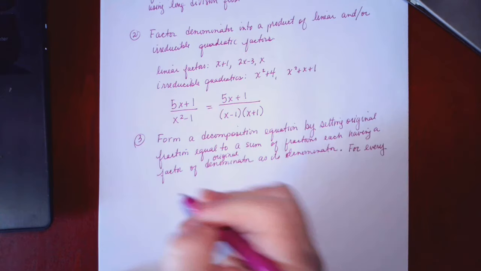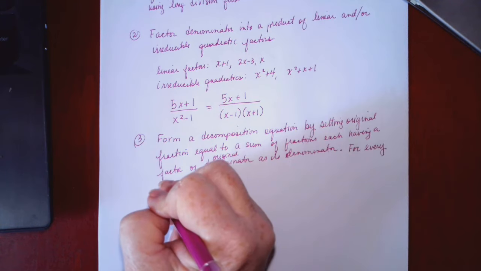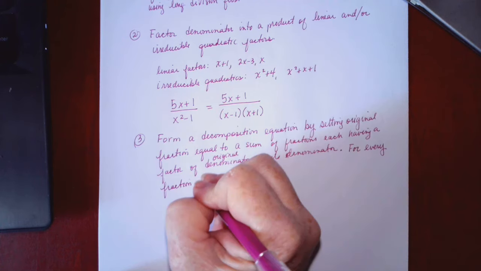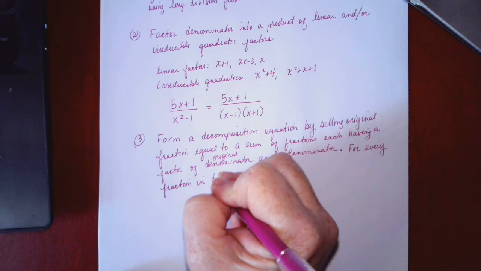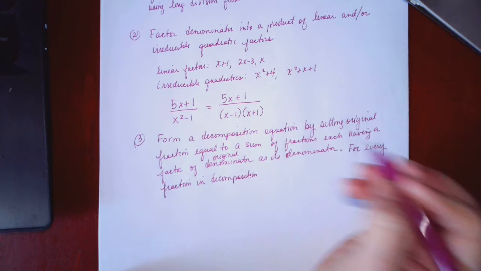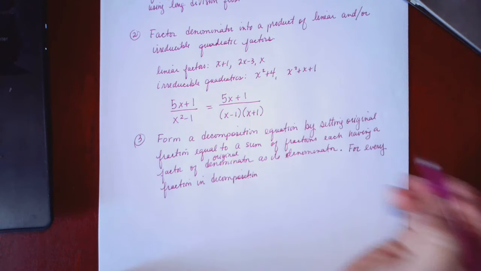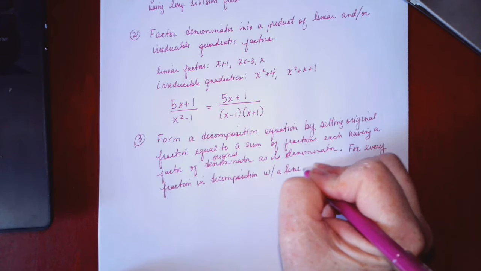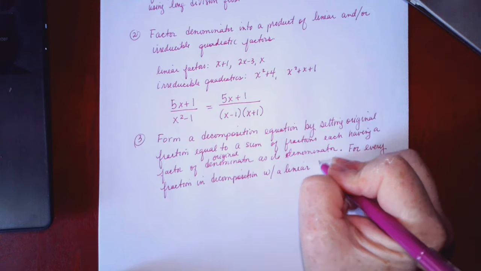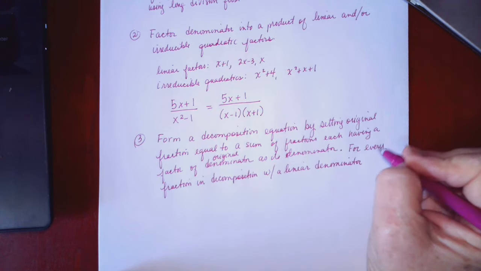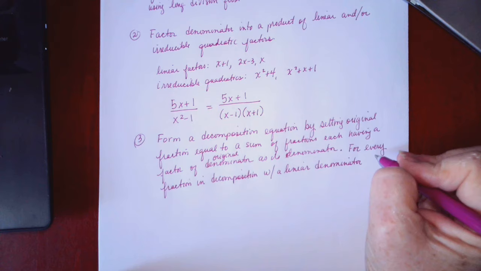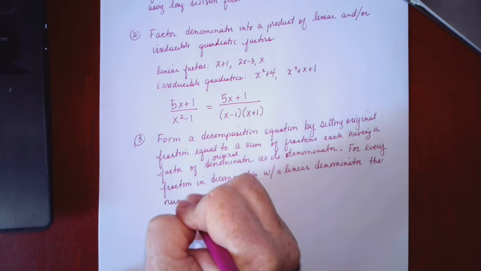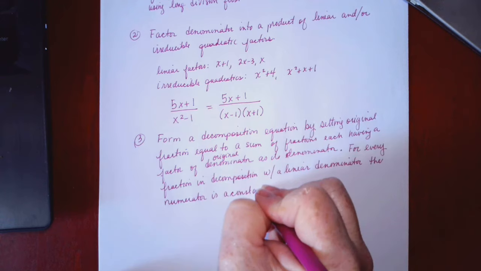So for every fraction in the decomposition, let's say with a linear denominator, the numerator will be a constant.